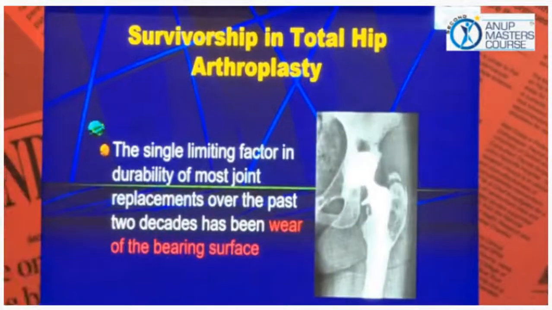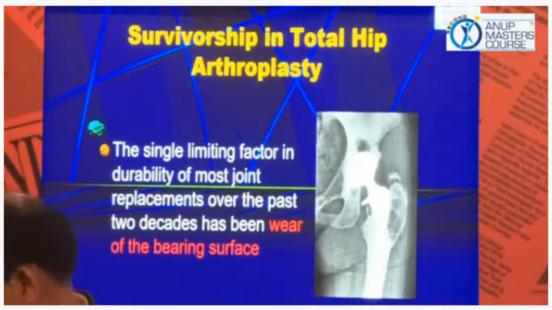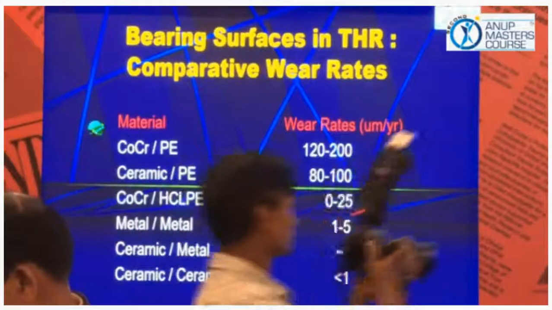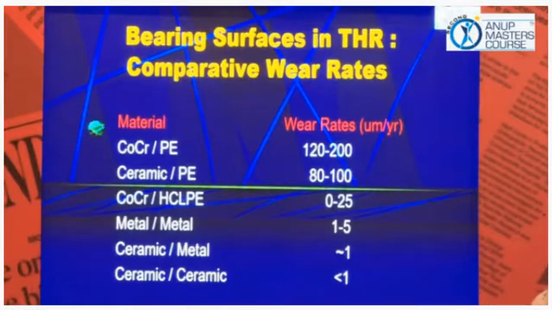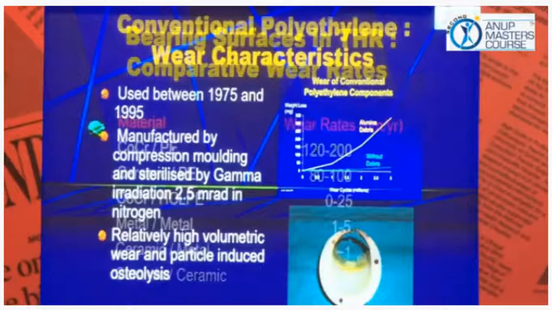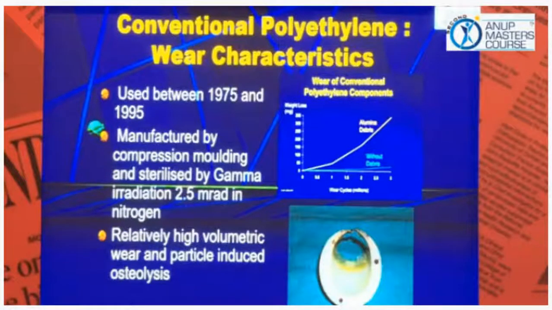Survivorship, the single most limiting factor is actually the bearing surface, which is responsible for wear. If you look at the wear rates of various bearing surfaces, then this is what it looks like. But what is very remarkable from this list is the difference the highly cross-linked polyethylene has made to wear rates.